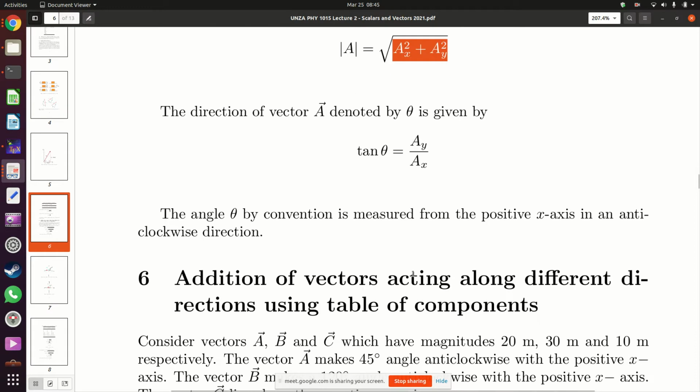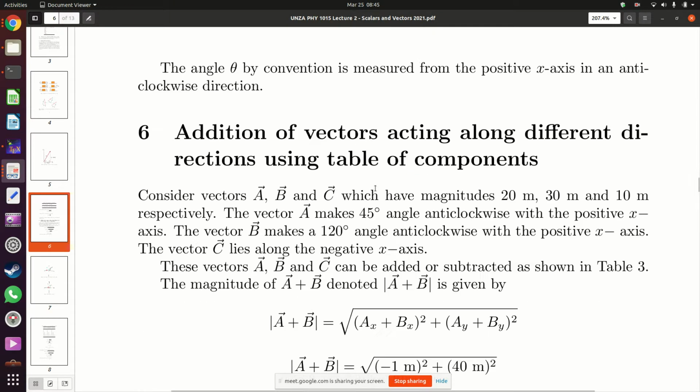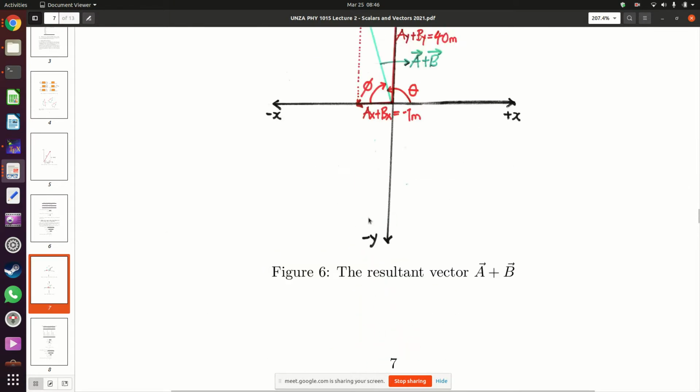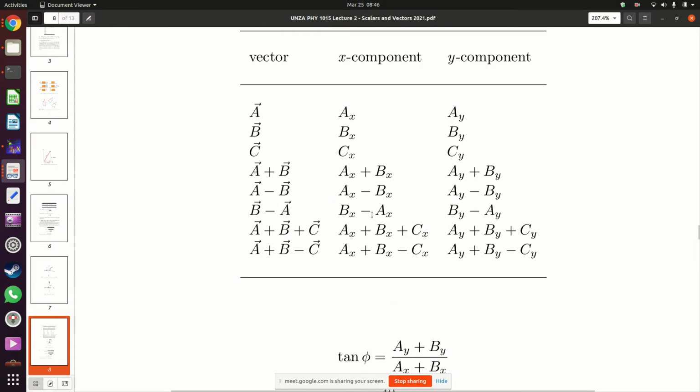You can also use those same things to find the angle which this vector makes. So that's why we are trying to do this. It makes things very, very simple. So we know how much a plus b is along the x-axis, and along the y-axis.